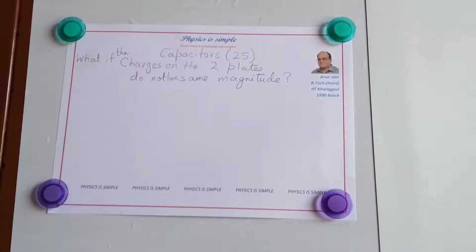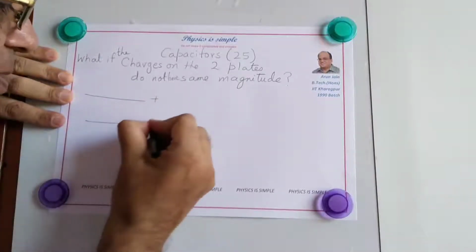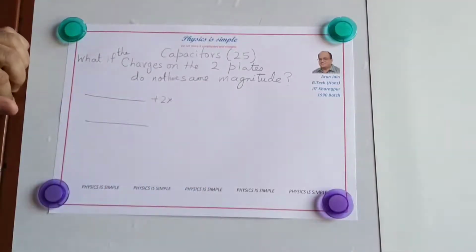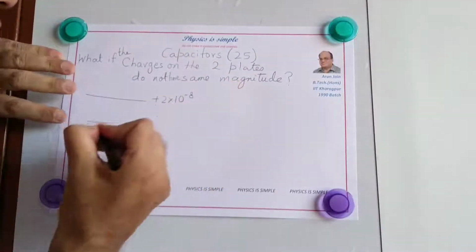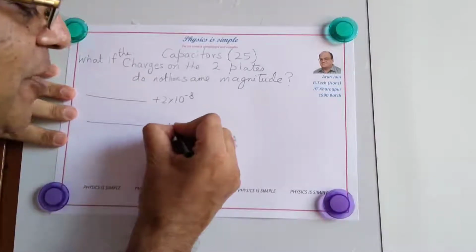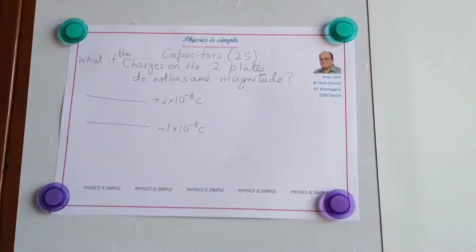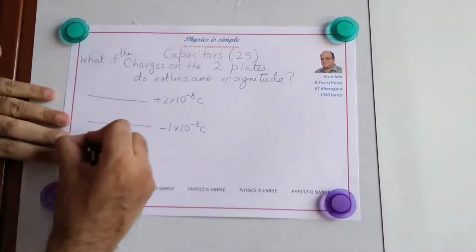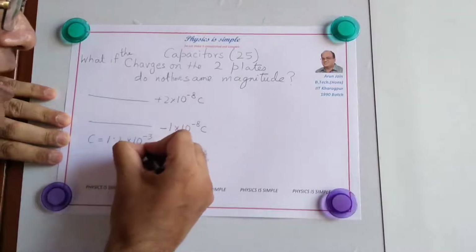Now here we have a capacitor where plus 2 into 10 to the power minus 8 coulomb is given to the positively charged plate, and a charge of minus 1 into 10 to the power minus 8 coulomb is given to the negatively charged plate, and the capacitance is given as 1.2 into 10 to the power minus 3 microfarad.